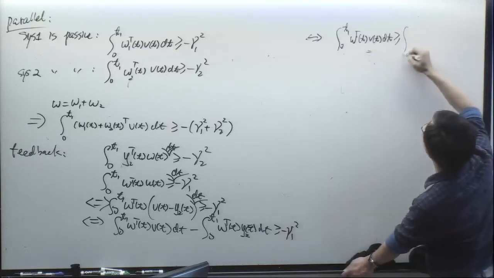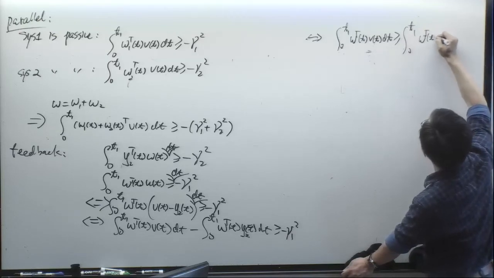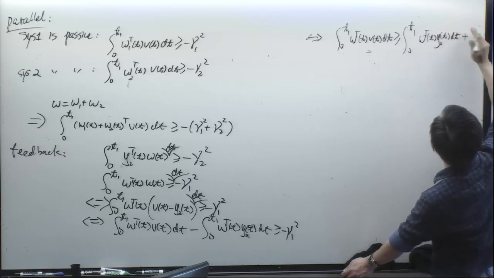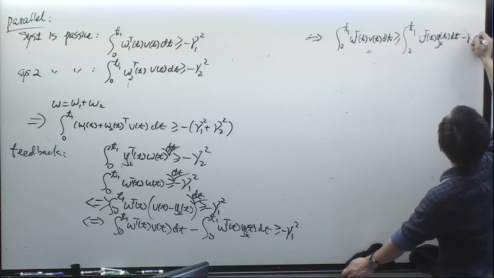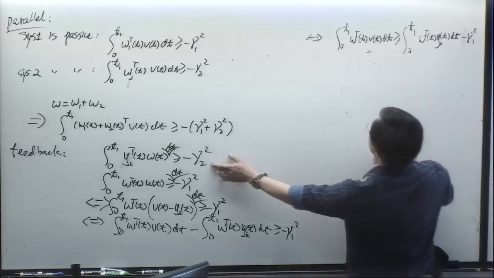And so now the left-hand side is greater than or equal to minus gamma 1 squared minus gamma 2 squared.